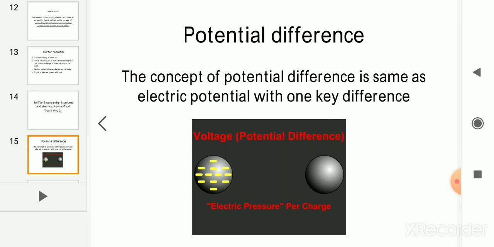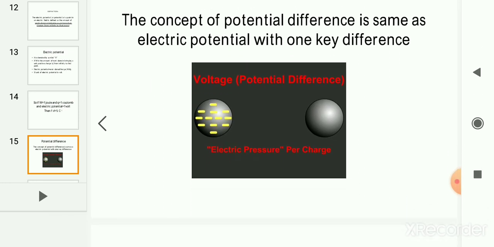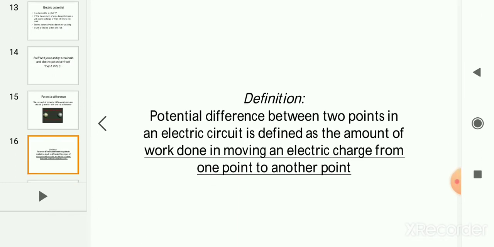Now see potential difference. The concept of potential difference is the same as electric potential, with one difference. Here you can see voltage, potential difference and electric pressure per charge, both in this picture. So what is the definition?